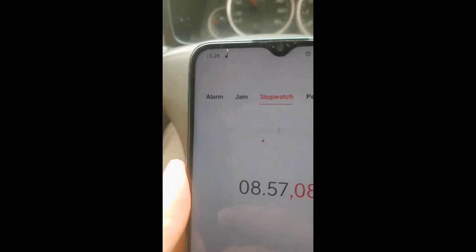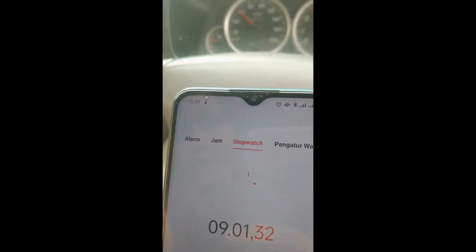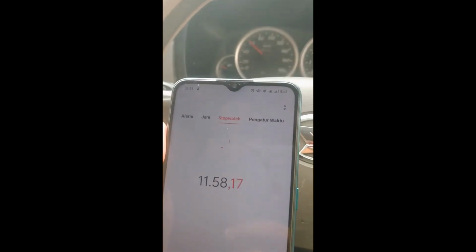After 3 minutes from the third experiment, we will record the fourth experiment. The velocity is still the same, 60 km per hour, and the RPM is also the same, 2750 RPM. After 3 minutes from the fourth experiment, we will record the fifth experiment.